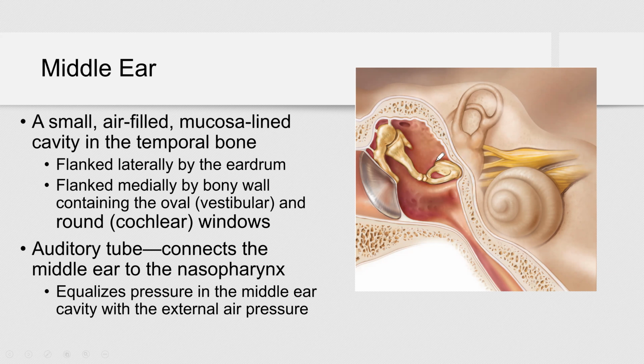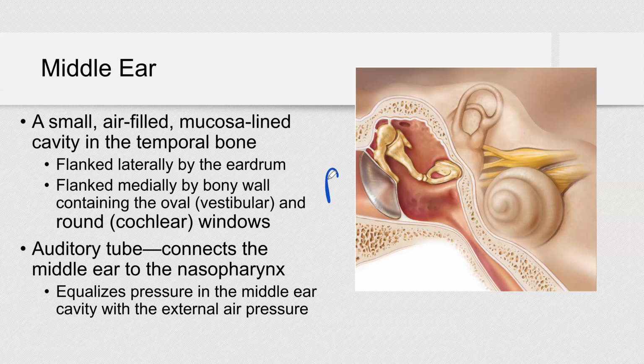This medial wall contains the oval window, right here, and the round window, or cochlear window, and the auditory tube that connects the middle ear to the nasopharynx. The pharyngotympanic or auditory tube's function is to equalize pressure in the middle ear cavity with the external air pressure.